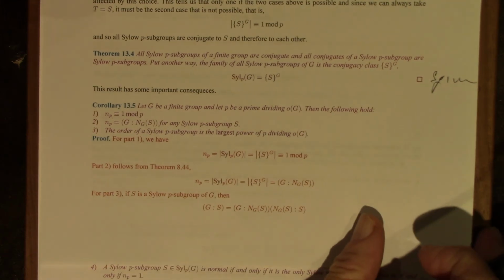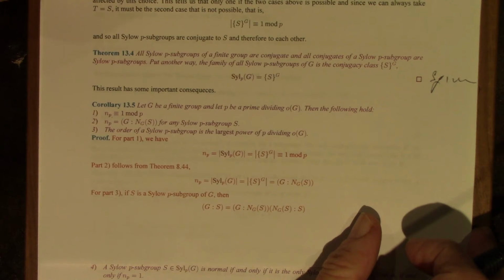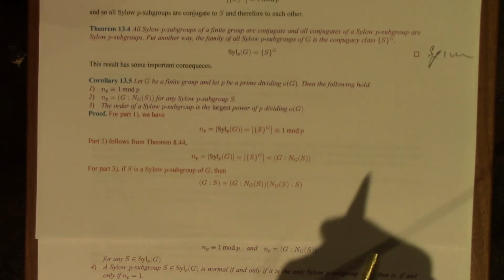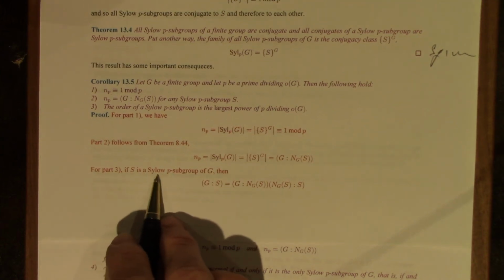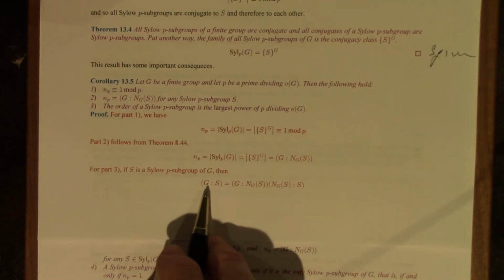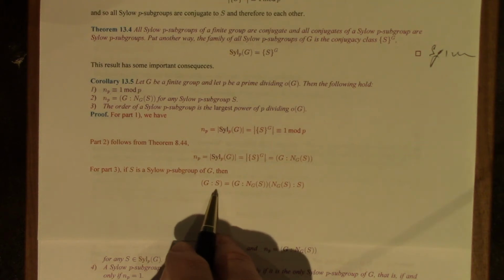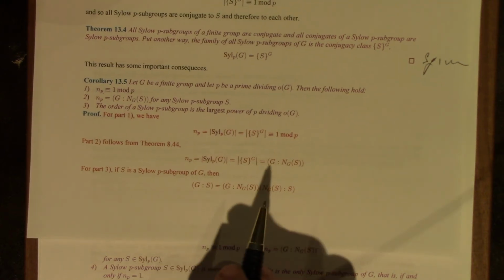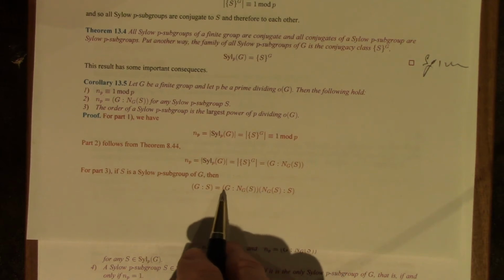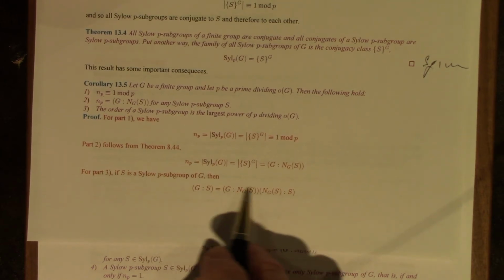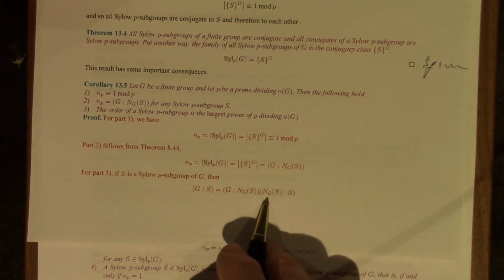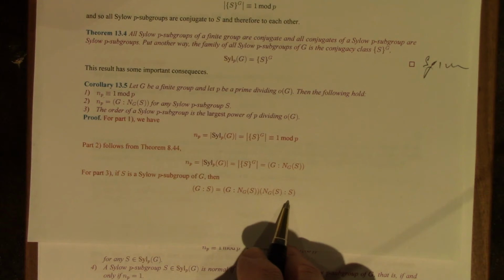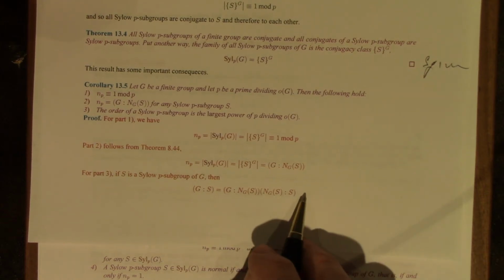Finally, the order of a Sylow subgroup is the largest power of P dividing the order of G. If S is a Sylow subgroup of G, then its index can be split into, so this is the index of S in G, is the index of the normalizer in G times the index of S in the normalizer. Remember, indices have that multiplicative property.